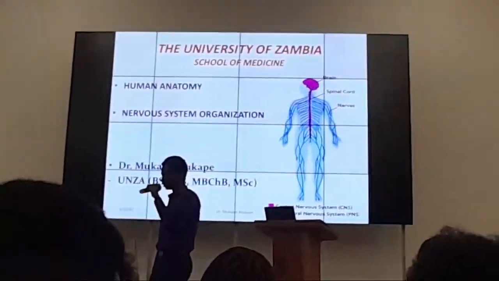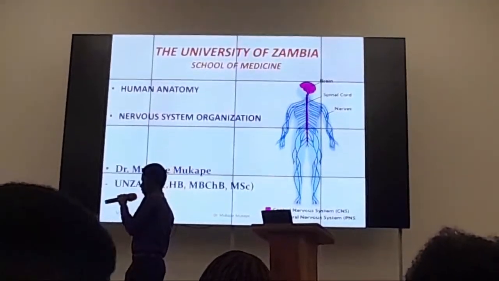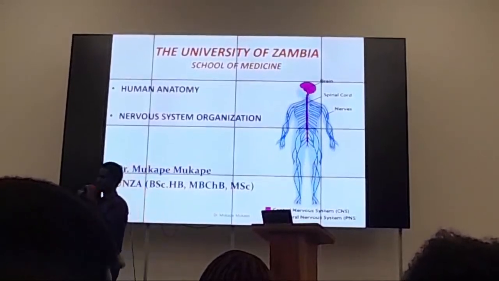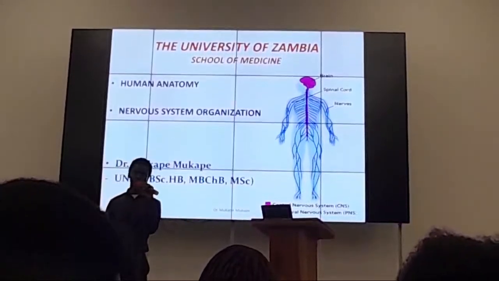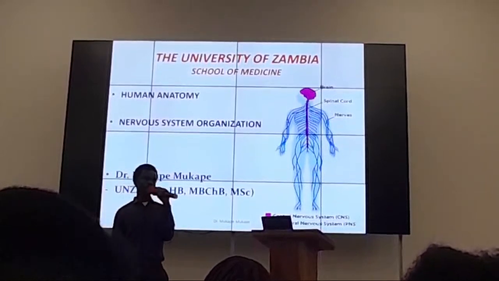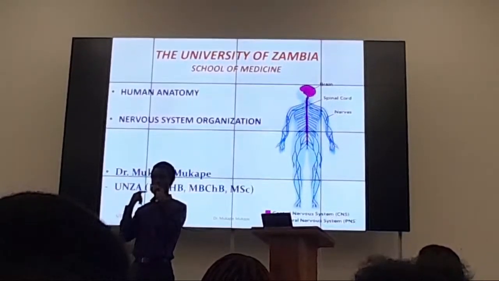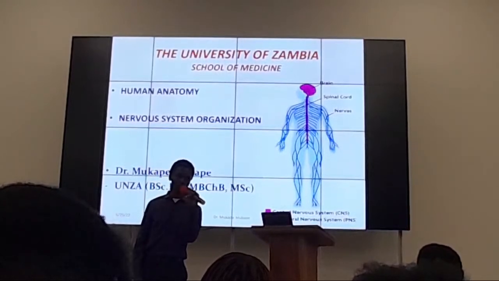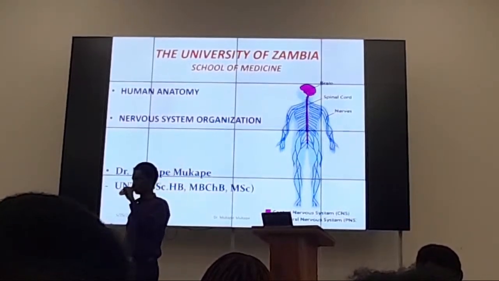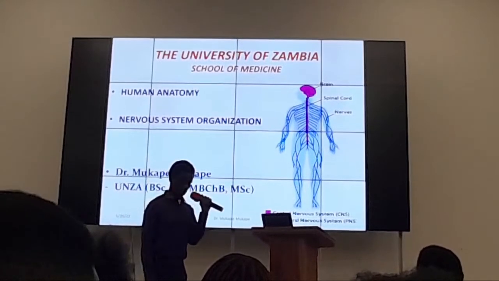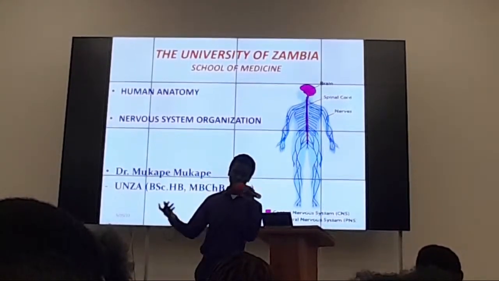The central nervous system consists of the brain and spinal cord. Whereas the peripheral nervous system consists of what? The nerves, peripheral nerves. Now, peripheral nerves are divided.